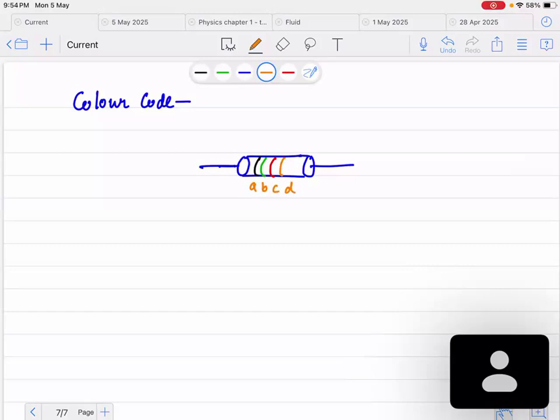Just with the help of the colors of these lines, you can find out the amount of resistance of a specific resistor. First of all, these resistors are known as carbon resistors. And the rule is this.